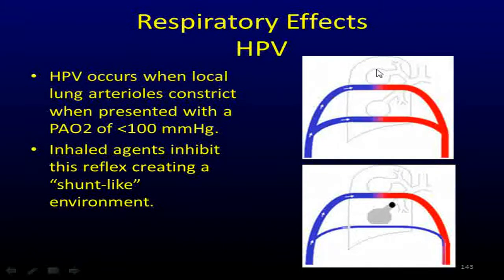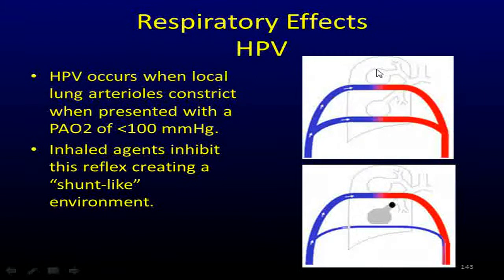But things happen. If you become hypoxic, let's say you've got a dead lung unit. There's an obstruction in there. What is your V now? It's 0. If you don't have any ventilation going in there, all of that blood that is passing that dead alveolus is a waste.